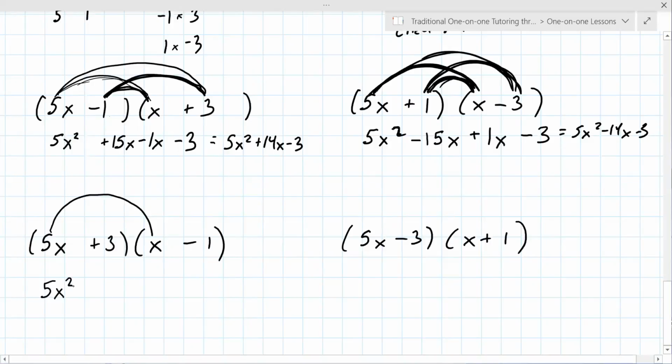Now it's 5x times minus 1. What is 5x times minus 1? You can start by saying to yourself, what is 5 times minus 1?